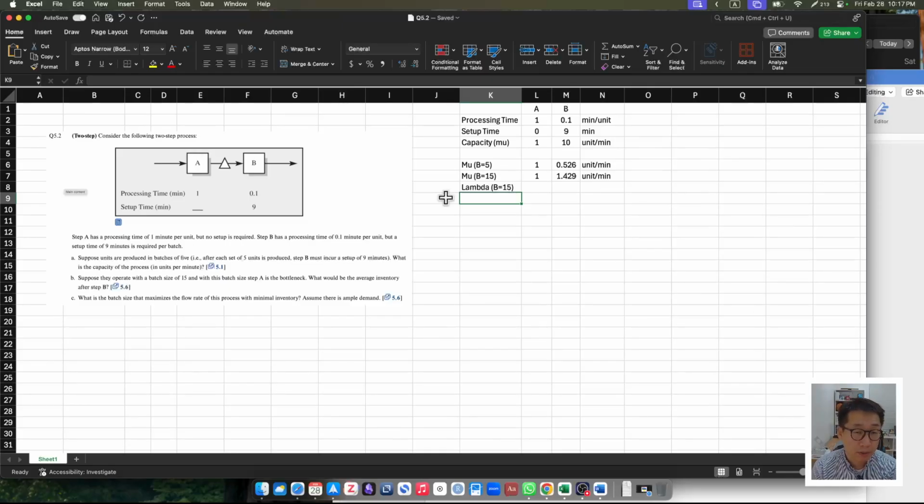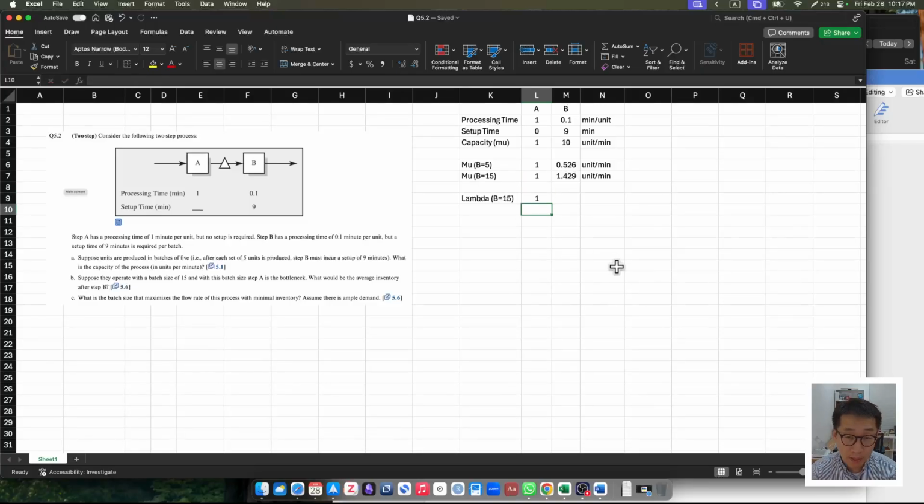But the speed at which things pass through step B is basically going to be your consumption rate or demand rate, because that's how quickly things are leaving B. So therefore in this particular case, the lambda of this particular system will be determined by the bottleneck. In this case, bottleneck 1.40, 1.429.